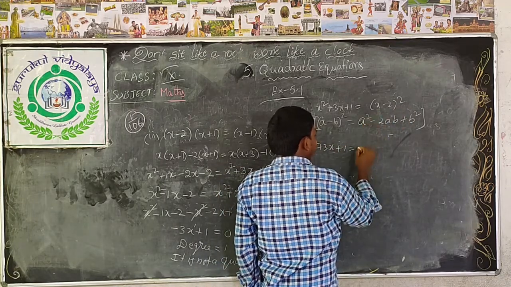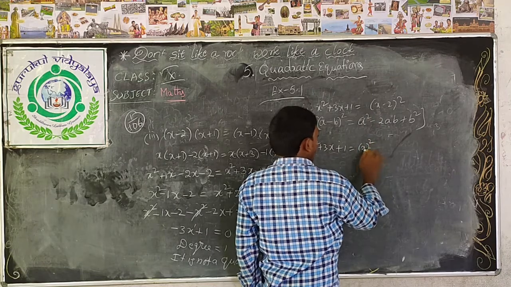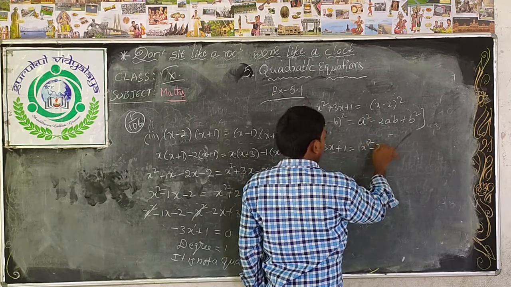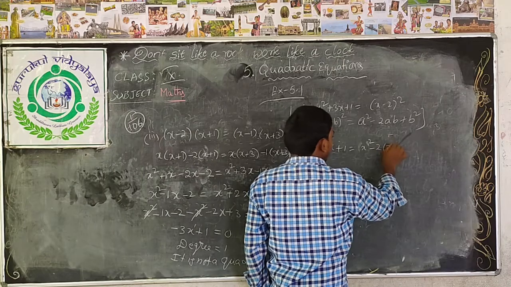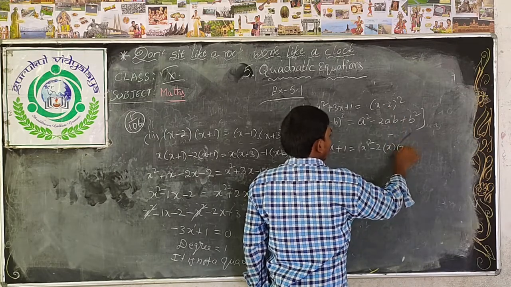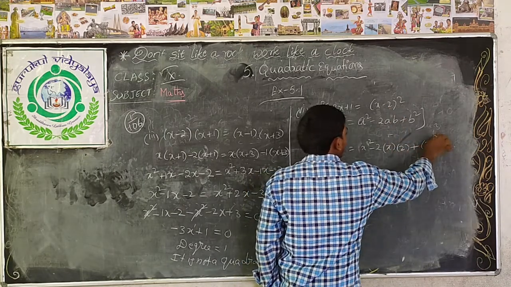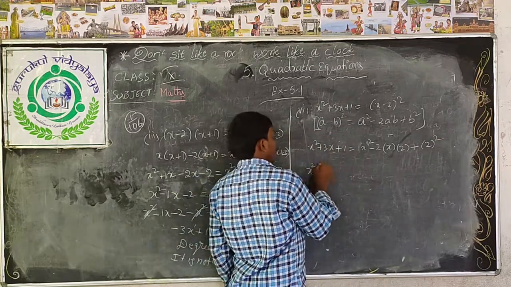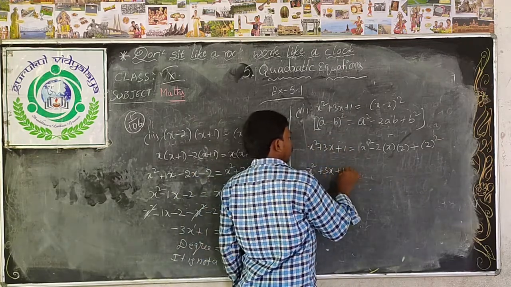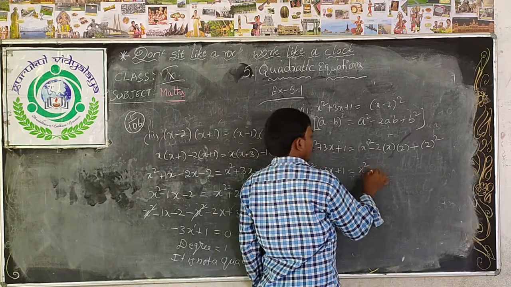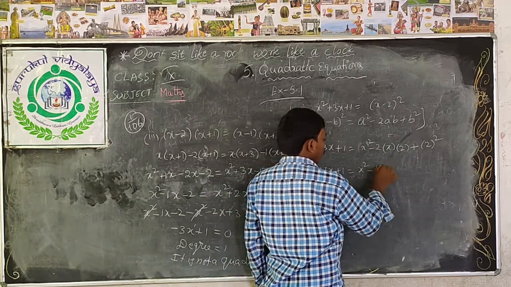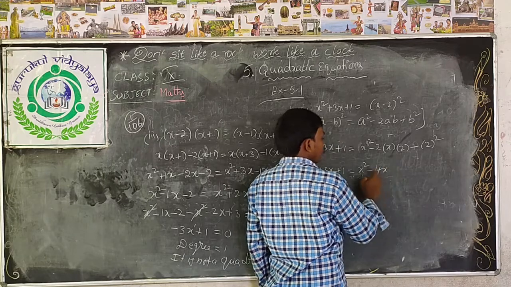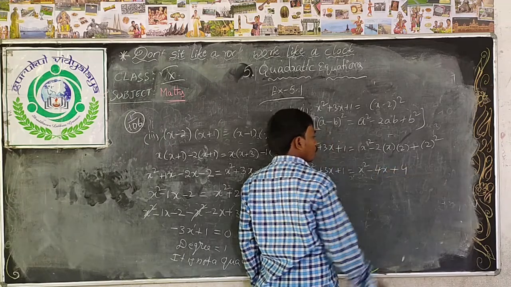Means a is x square, okay, minus 2, a means x, b means 2, plus b square means 2 square. Okay children, x square plus 3x plus 1 is equal to x square minus 2 2s are number and number multiply, 4x plus 2 2s are 4.